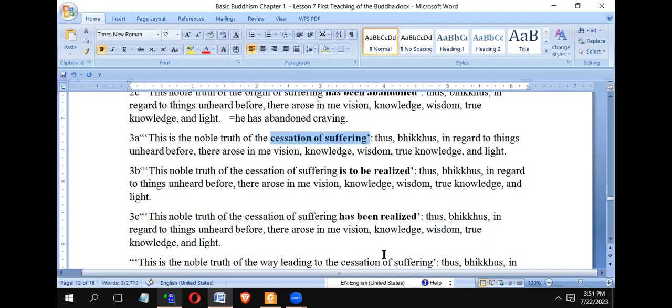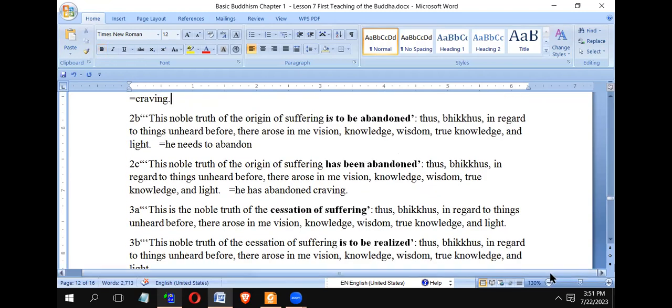So this is talking about Nibbana. So Nibbana is to be realized, and Nibbana has been realized. So from here, the Buddha explained that he already knows the third noble truth, right?